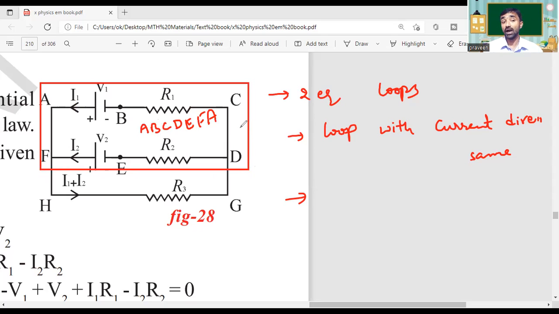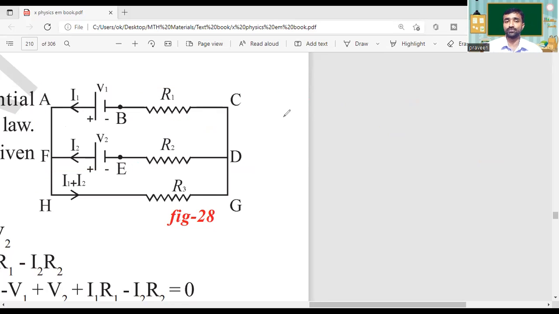But in the D to F branch, the current direction is exactly opposite to the branch AC. Upward it has left side direction, and downward also left side. So both are opposite when you reach point F. This type of loop you need not select. Don't select them.